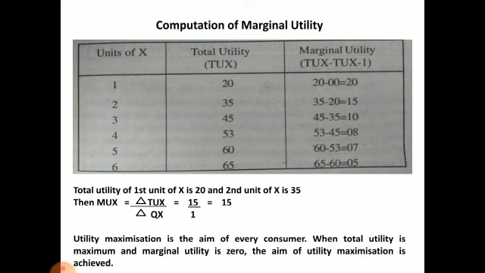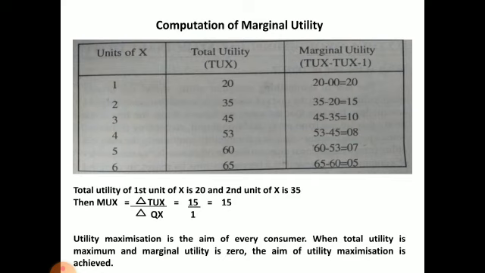To find out marginal utility, we may use a formula, namely MUX is equal to delta TUX divided by delta QX. Now, what is this delta TUX?